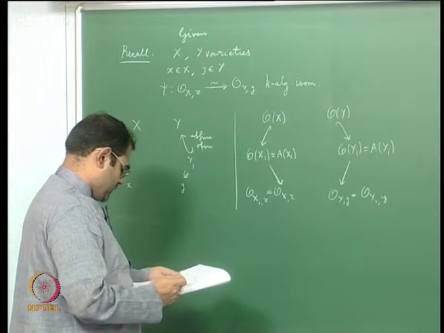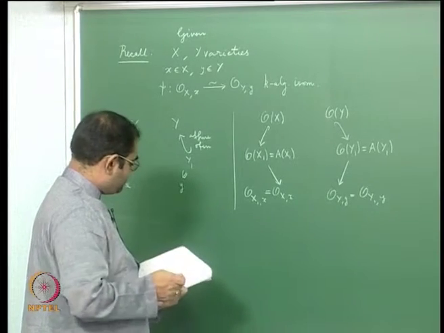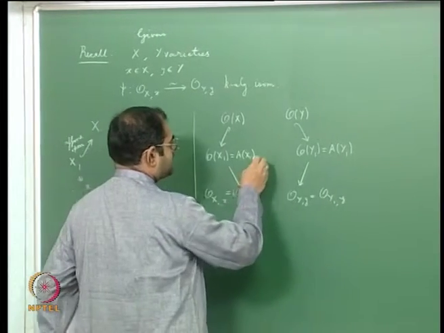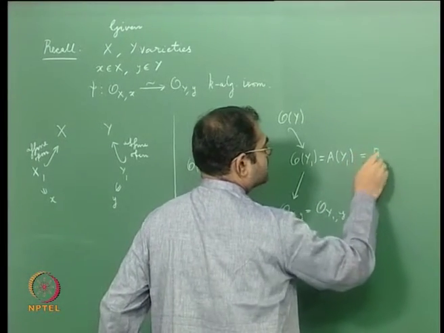And we know that we had given names for these rings. We call this ring A, we call this ring B, okay.